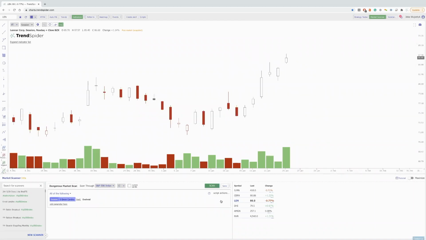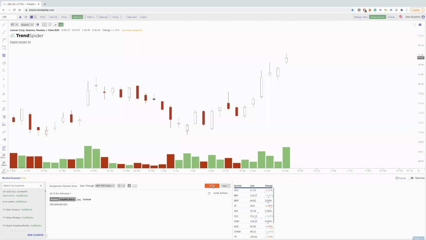Another thing that's really interesting is the ability to use the current candle. This is something that I use quite a bit. So if you go to monthly and you wanted to look for, let's say, a bullish engulfing candle that's currently forming for January, you'd click on current candle. So when we run the scan, we're actually scanning bullish engulfing candles on the monthly chart for January.